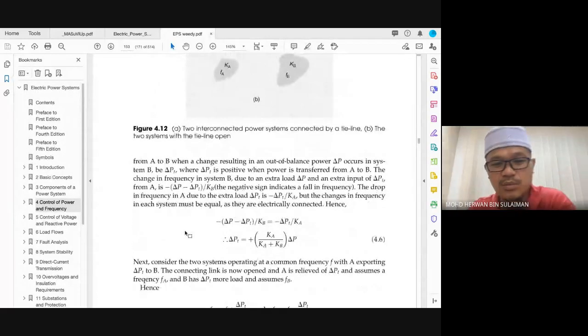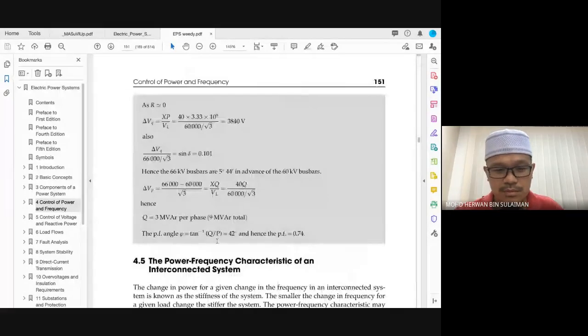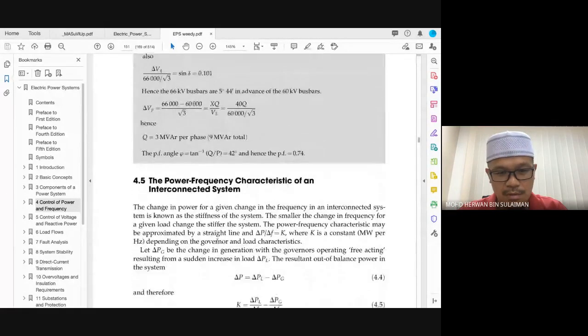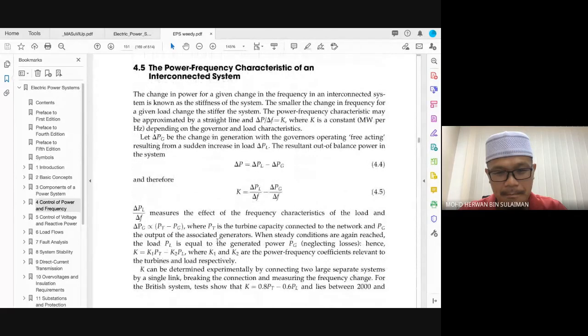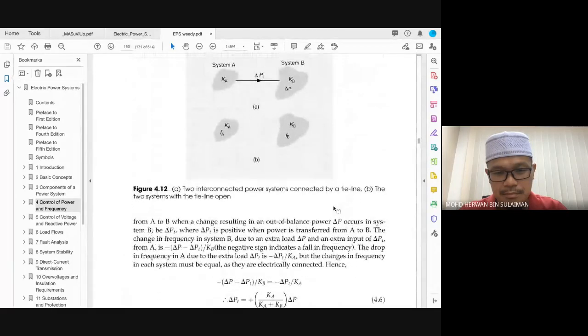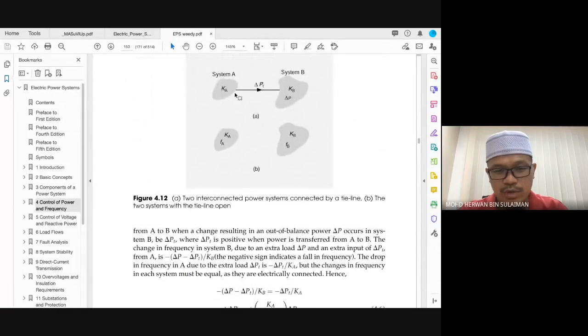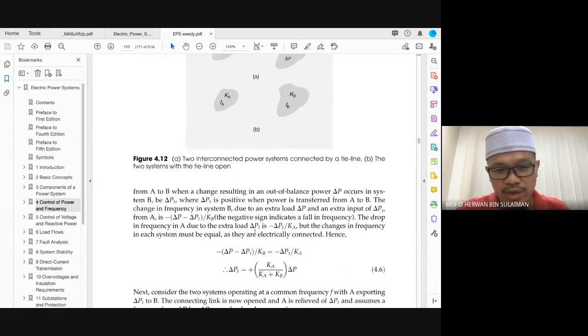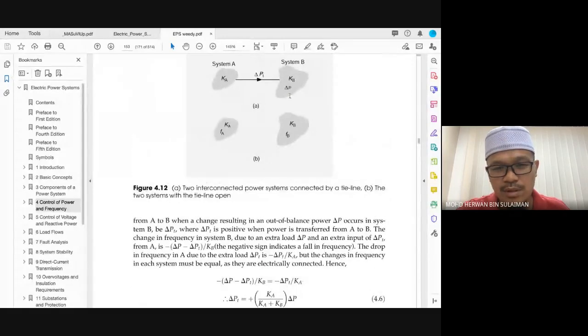Okay, so basically when you have a system, a tie line system, two power systems that are connected with the tie line here, when there is a load change in B, at system B, you have load change in this area, and then suddenly the tie line is open.